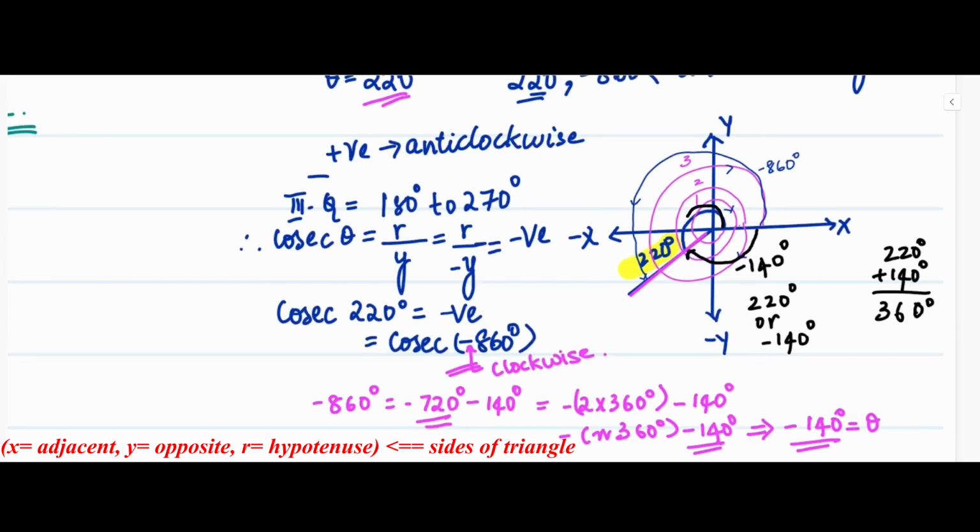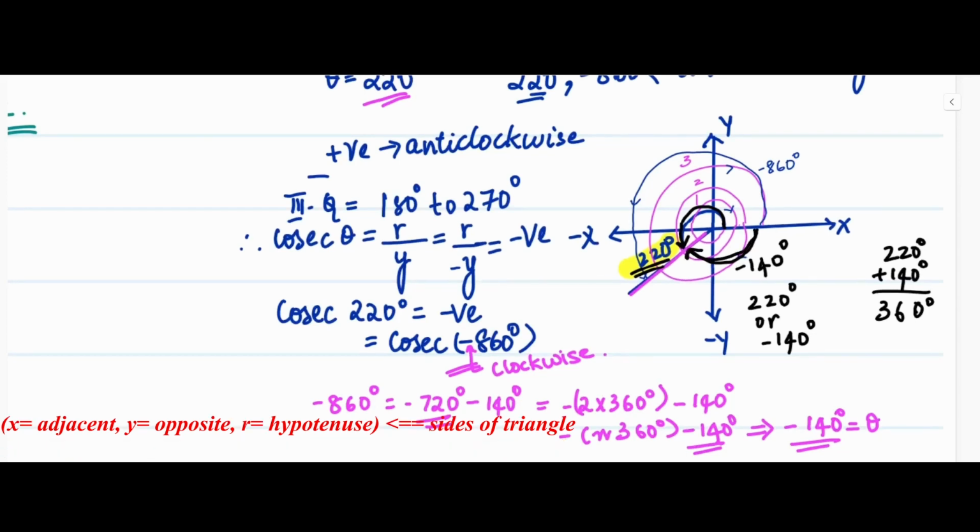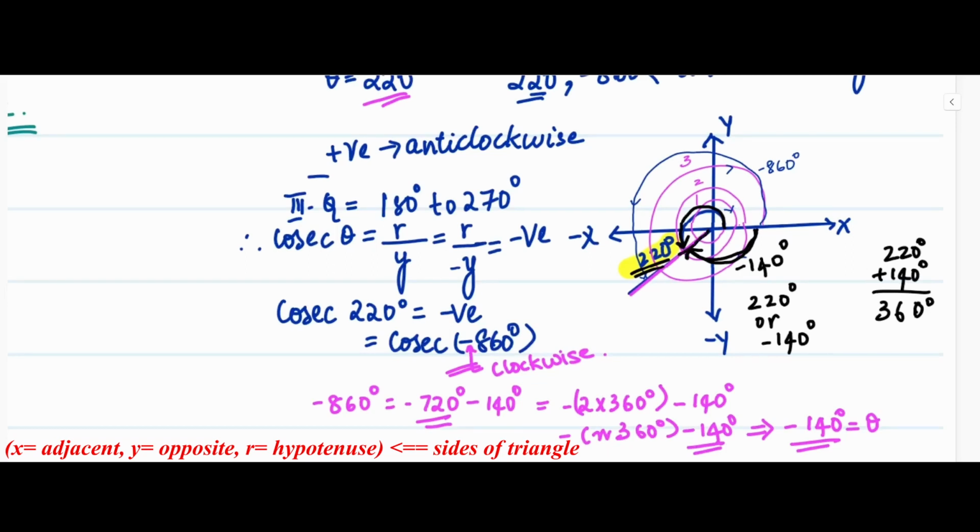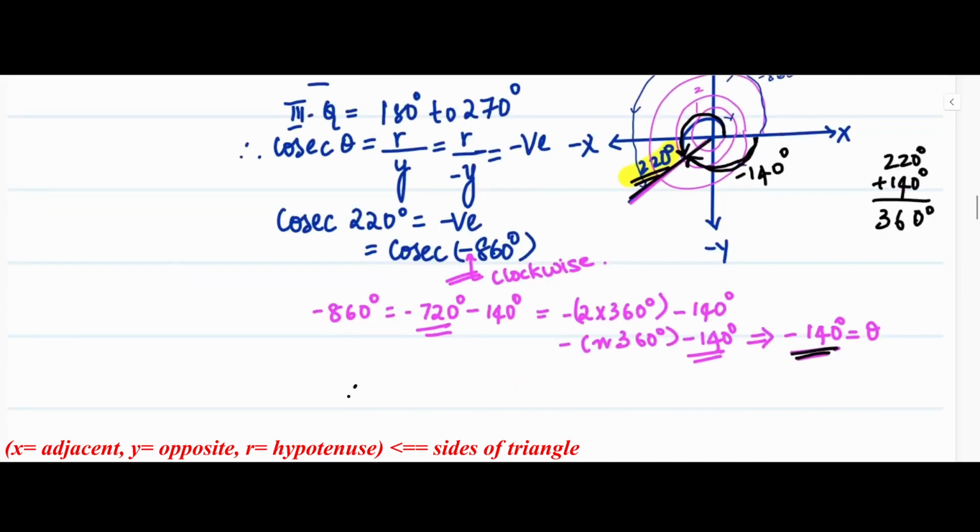If it is rotating in an anti-clockwise direction and making 220 degrees, or if it is rotating in a clockwise direction and making minus 140 degrees, they are reaching the same terminal side here. Now we can say that 220 degrees, minus 860 degrees, and minus 140 degrees are all coterminal angles.